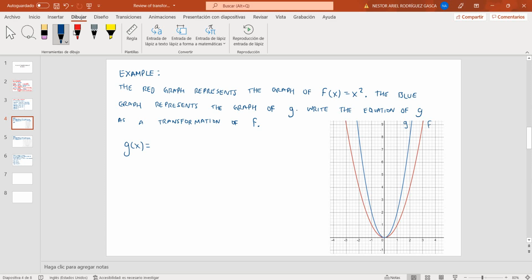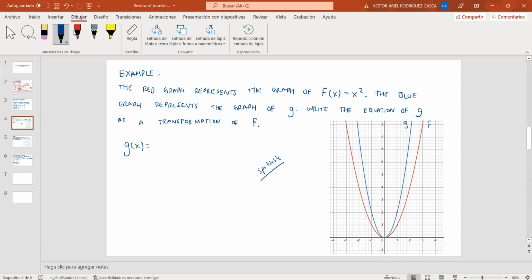Try to locate some points on g that are easily spottable. For example, look at this point right here. This point is (1, 2). And then what you should notice is that this point could correspond to this one in the original function. You see? There is a kind of correspondence.